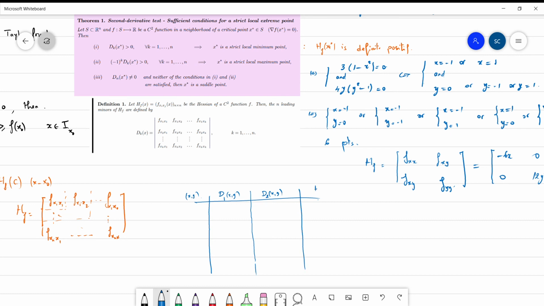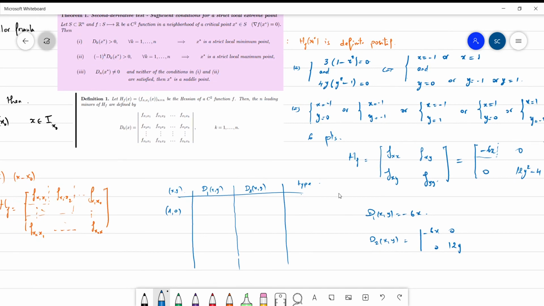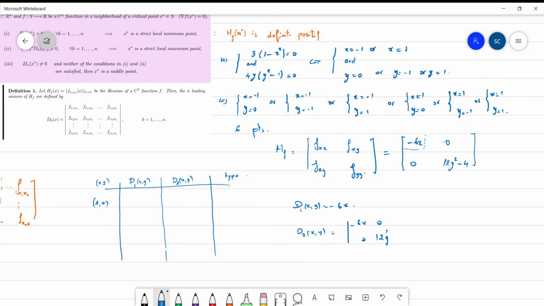So let's do it for just one of them, (1, 0) for example. Here is d1: d1 at (x, y) is minus 6x. d2 at (x, y) is the determinant of minus 6x, 0, 0, 12y² minus 4.